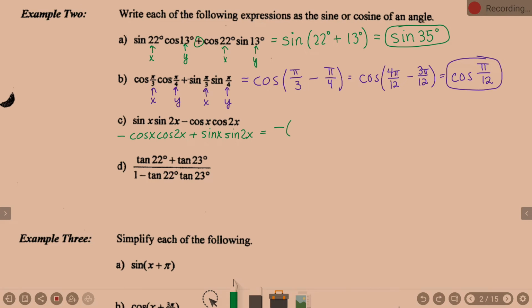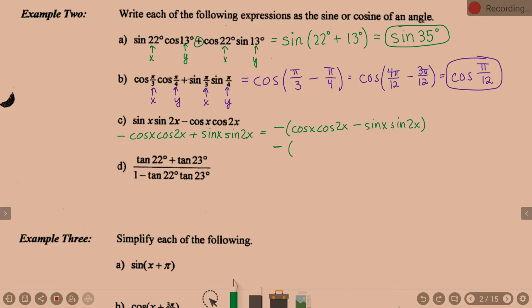If I factor out a negative, this now reads cosine x, cosine 2x, minus sine x, sine 2x. By factoring out the negative, two things happen. One, when we get to our final answer, it's going to have a negative sign in front of it. And two, what's in my parentheses matches my cosine identity better. It does.